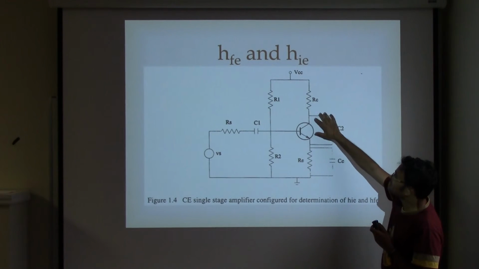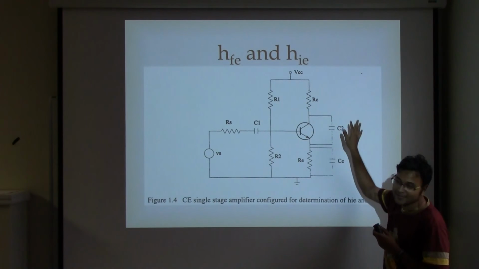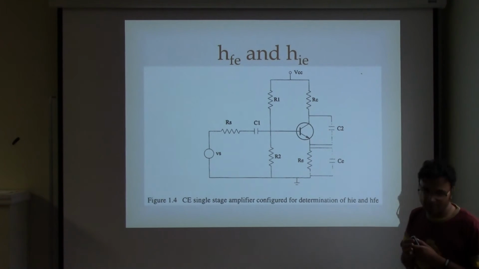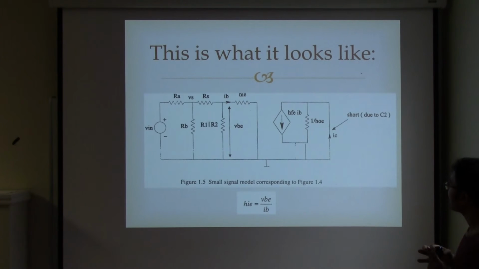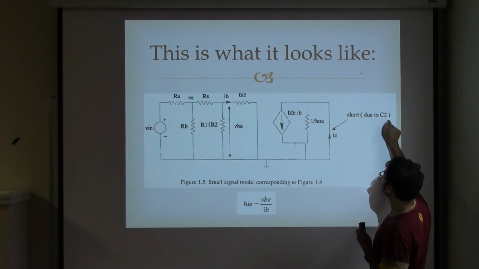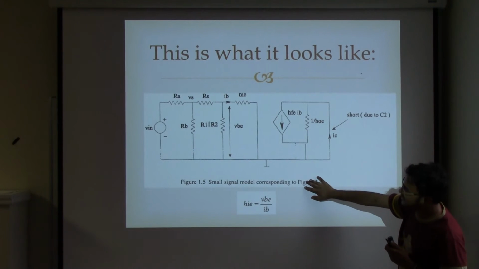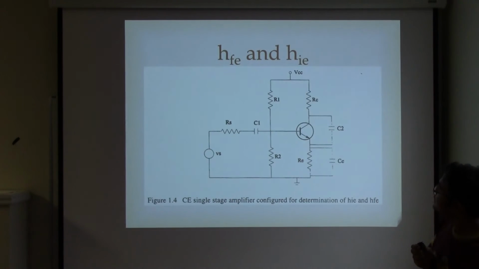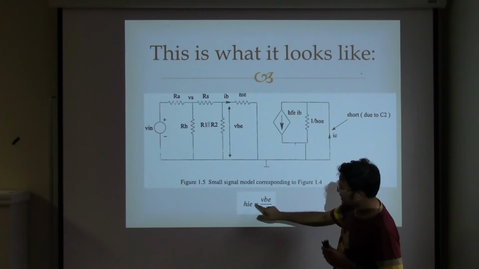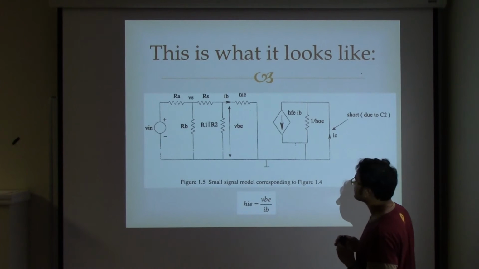But now I remember, when you have a capacitor like this, it actually works as a short for the AC. So when you do that, your collector current can travel this way, short due to AC. So this circuit and the previous circuit are the same. And from this you can measure the HIE as VBE over IB.